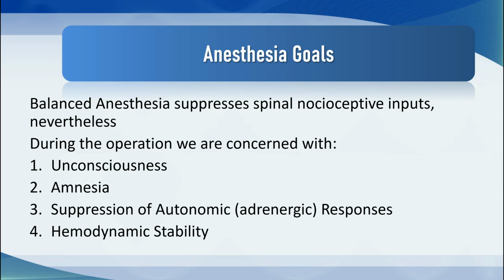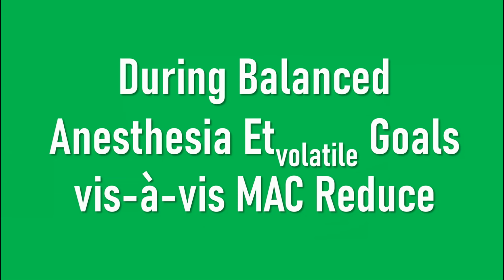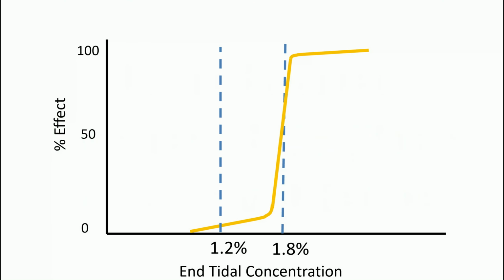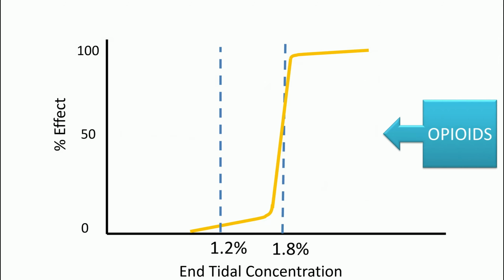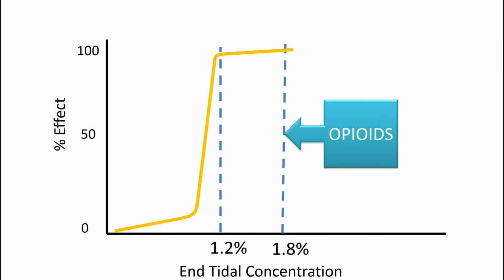With balanced multimodal anesthesia, the end tidal volatile anesthetic goals vis-a-vis MAC are reduced. MAC is a 1960s concept where a lot of what we do now, they didn't do then. So if you look at the end tidal concentration with MAC, for example, for sevoflurane, the administration of opioids will reduce that not insignificantly.